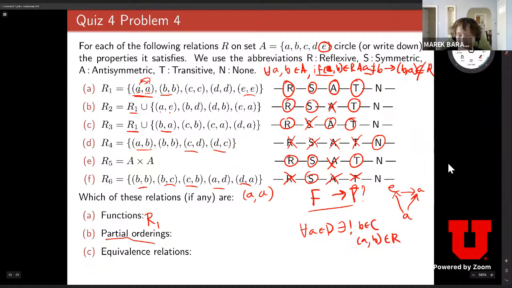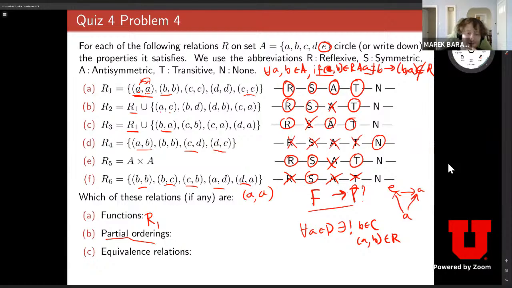So there exists a unique B. That's not one-to-one. It's different because this doesn't say anything about two elements in the domain going to the same element in the codomain. It just says that it goes somewhere. Good question.